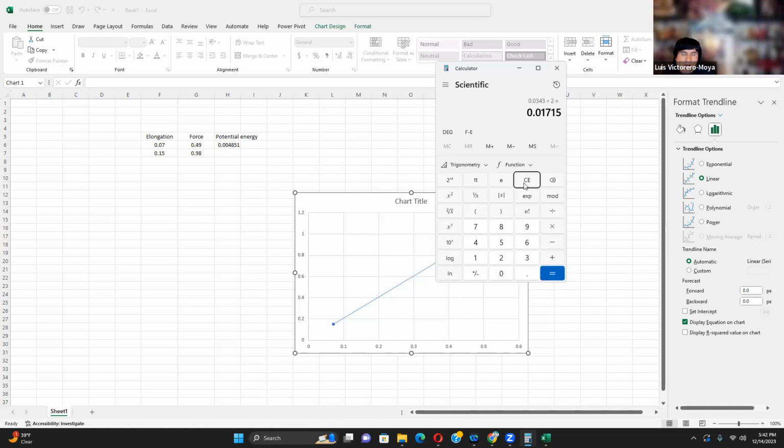Wait a second. Force is in the y-axis. Why am I having this graph like that?